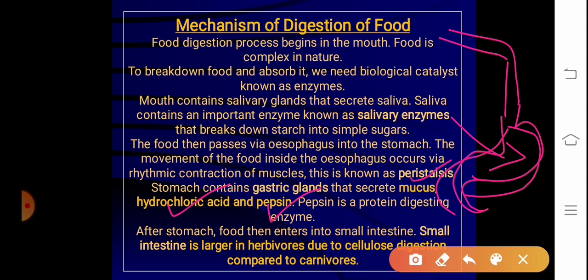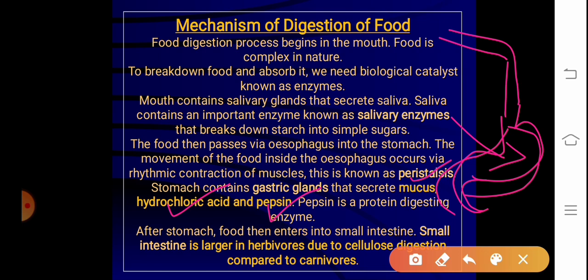Then what is the function of the release of HCl? Why does the stomach need HCl? Suppose you take food inside, and that food contains microorganisms which may harm your body. To kill those microorganisms, the HCl acts on them.